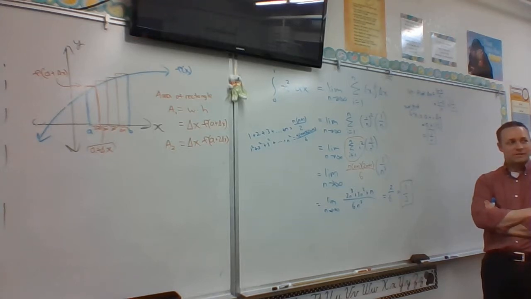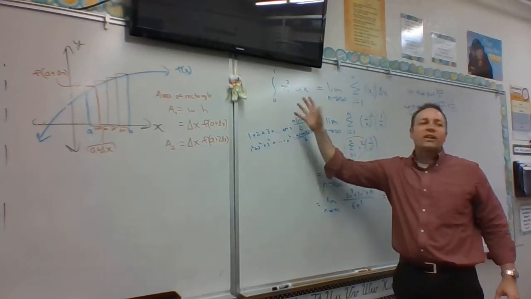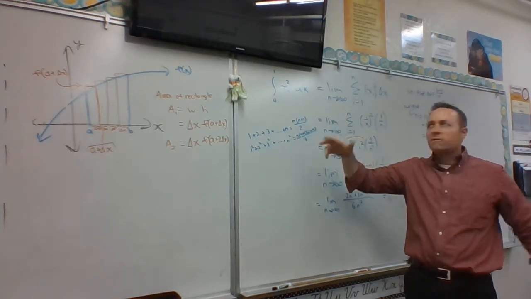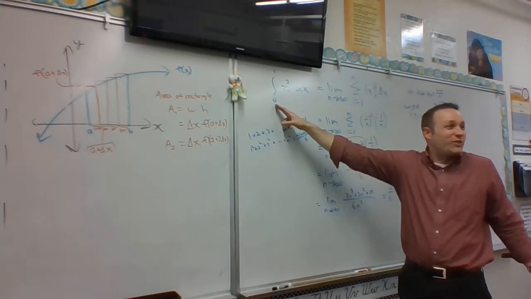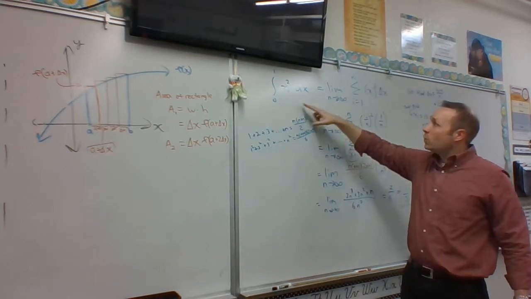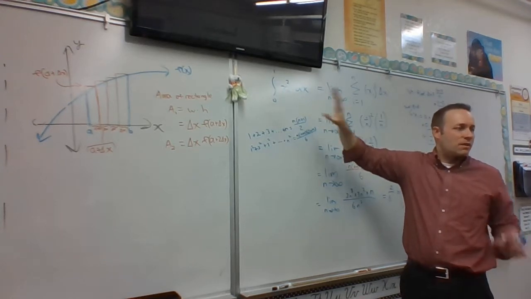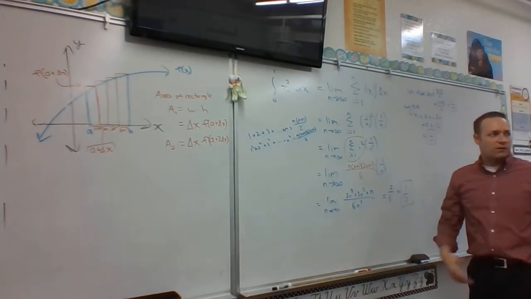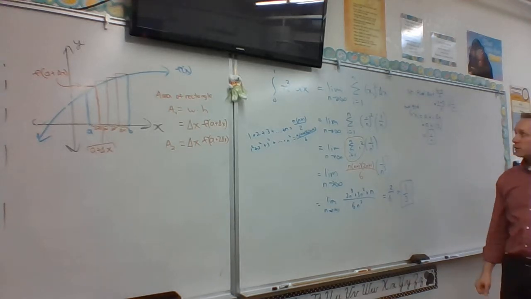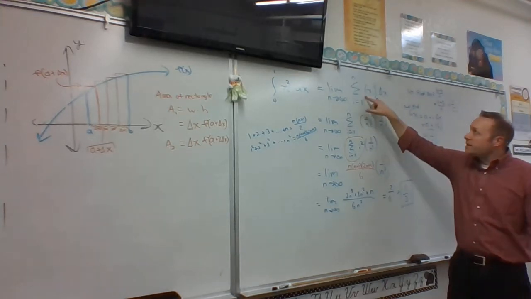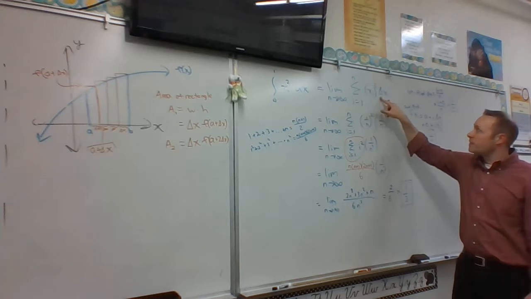I'm glad we did a simple one first. It gets slightly more involved if you're starting with something other than 0, or if your function has multiple chunks to it. That's it. The idea of what's going on doesn't change at all. You just might have a couple more things going on. So the idea: here's the height of the rectangle, here's the width of the rectangle.